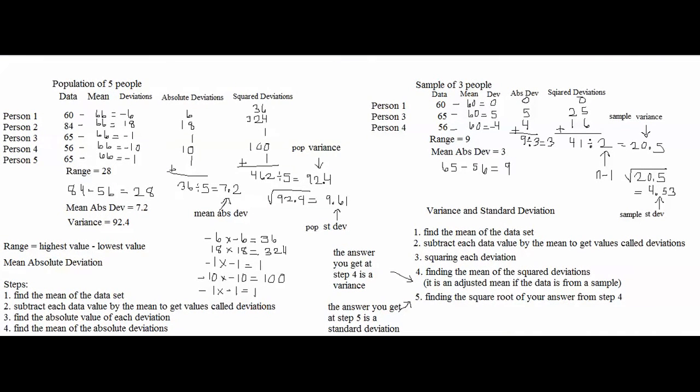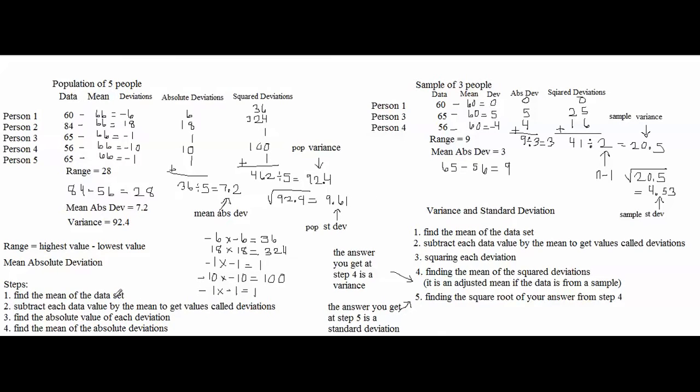Actually, if you're reading journal articles about the results of psychological studies, the only value out of these four values that you'll usually see is the standard deviation. You'll usually see the mean and the standard deviation together. So the standard deviation is what's almost always used to measure spread in psychological studies.